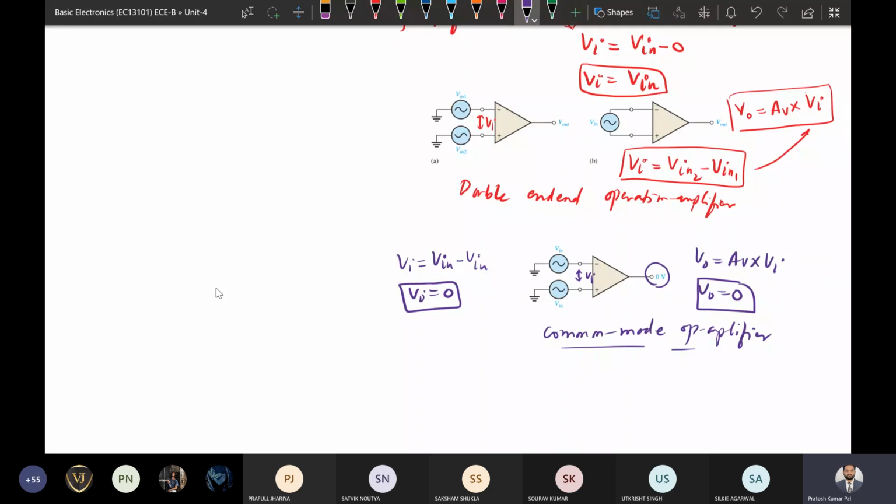Suppose this is the operational amplifier, with V2 and V1 as inputs, one negative and one positive, the gain is AV, and the output is V output. The input voltage will be the difference of these two.